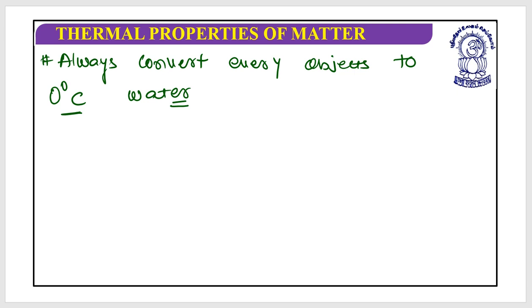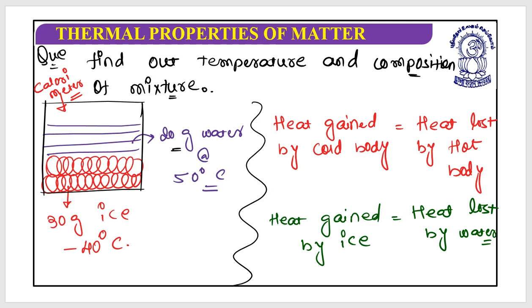So how will I convert this? First I need to calculate the heat lost by water. Please do write this: it's 20 gram water at 50 degrees Celsius, and also write this: it's 30 gram ice at minus 40 degrees Celsius.